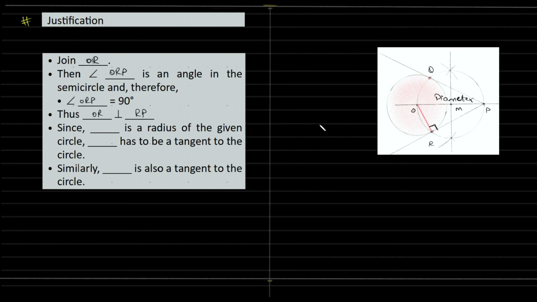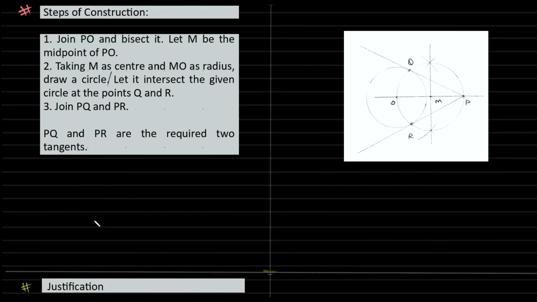We just proved that. Since OR is the radius of the given circle, PR has to be the tangent to the circle. Similarly, PQ is also a tangent to the circle. That's it. Got it? So this is how you can justify this particular construction.